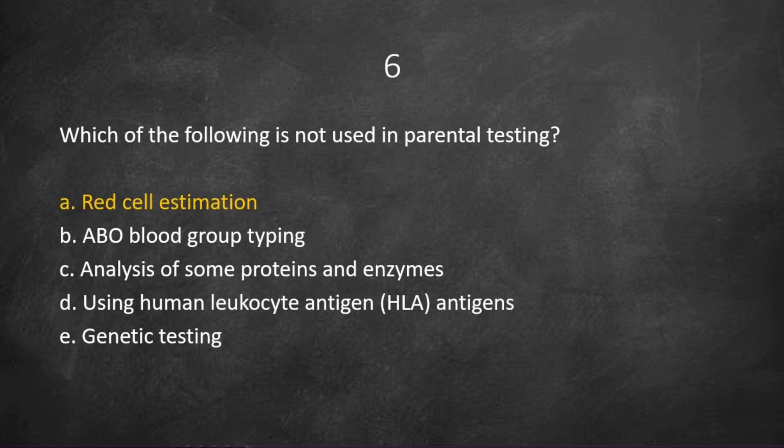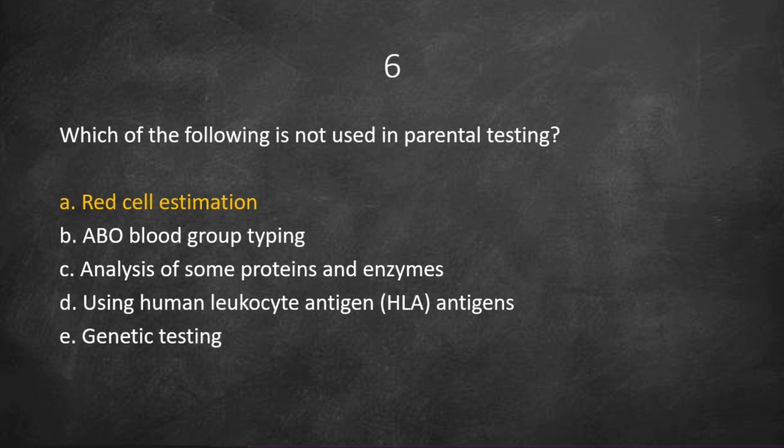If you do a red cell count, it's in no way related to the paternity of a child. But if you take the other options, let's say option B, ABO blood grouping, this can be used to determine the possible parentage of a child by comparing the blood group of the parent to that of the child.